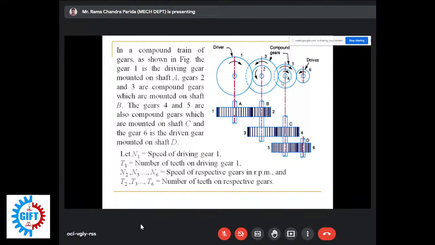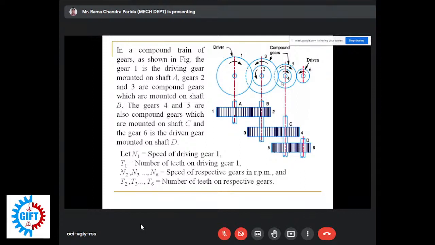So you can see the figure in the screen. Are you able to see the figure on the screen? Yes, sir. So here, the motor shaft is connected to your gear 1, which rotates at a speed of 50 rpm.